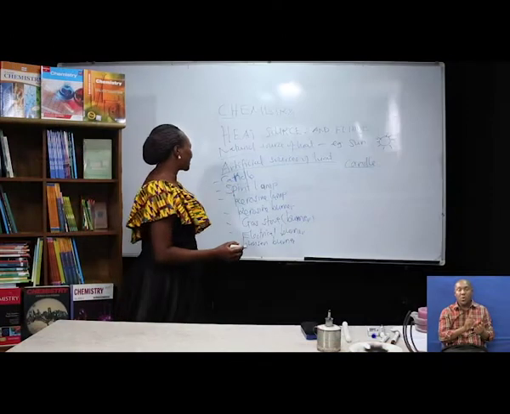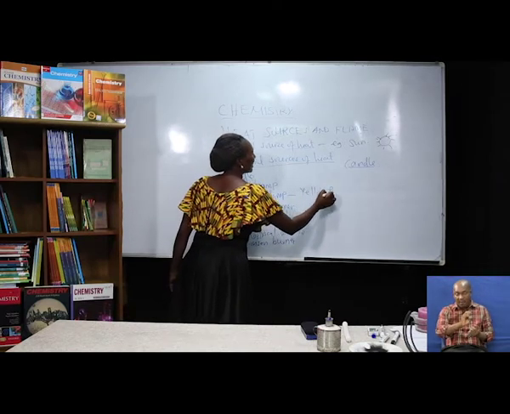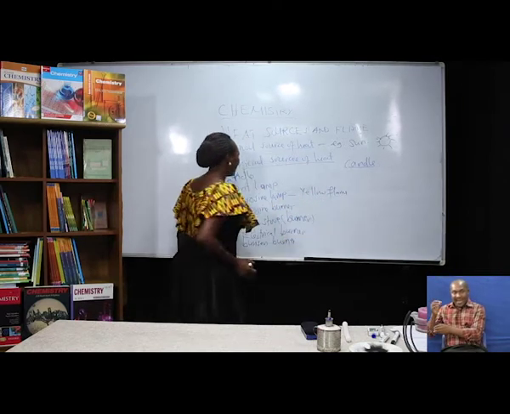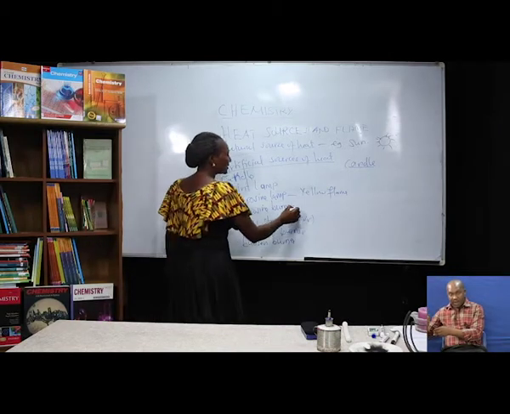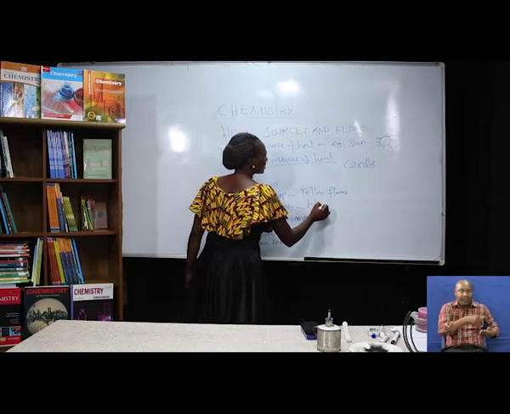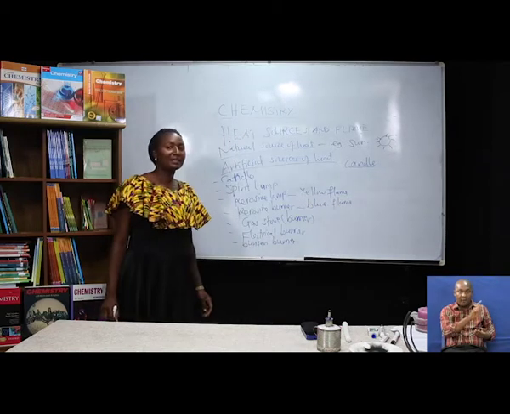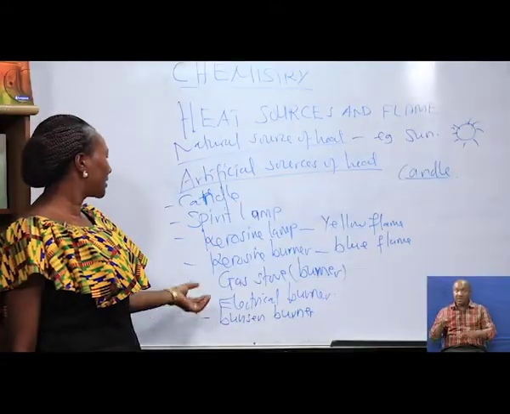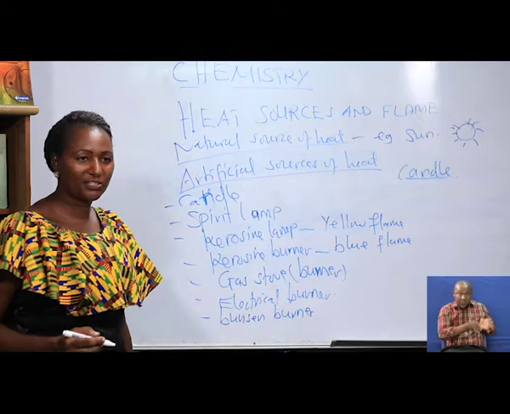I told you that the kerosene lamp produces a yellow flame, as you have seen. But the kerosene burner produces a blue flame. That is the difference.